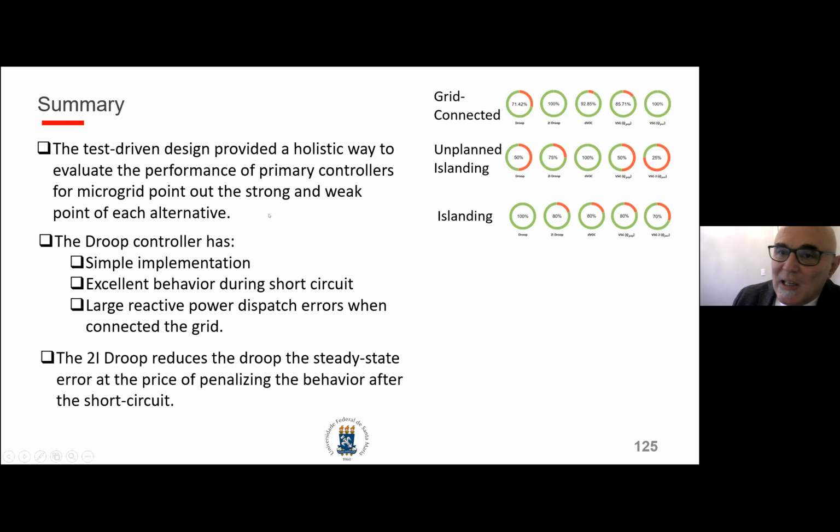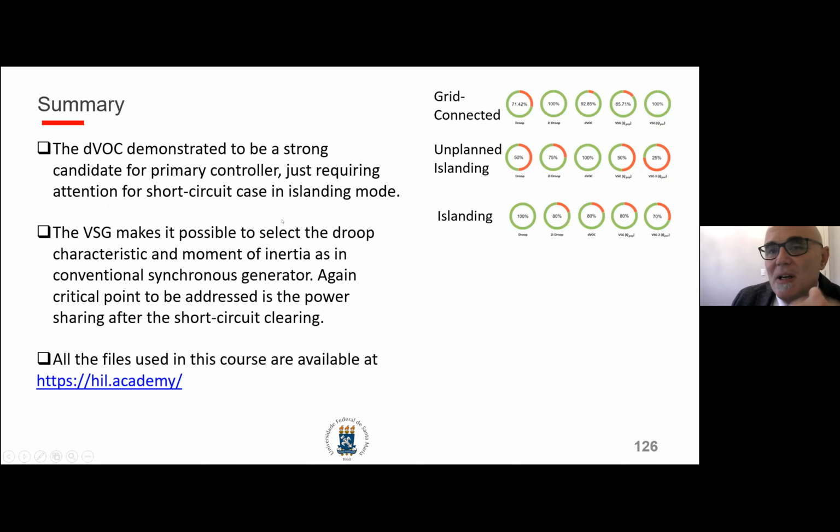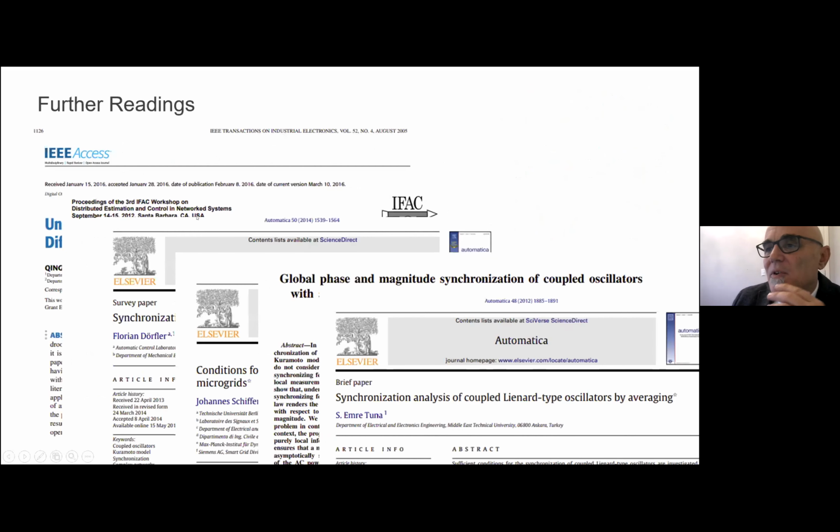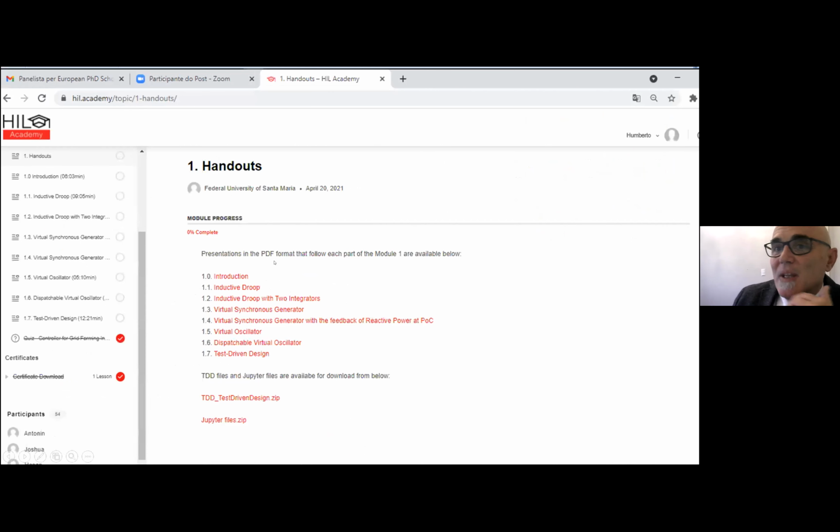Basically, what I would like to say is that in this work we did not derive this controller; of course, it was already published in the literature. There is a lot of information available in the literature. The material that you have seen is available now free of charge on the Hill Academy site. There are the slides, this video, and also the files that we have used to run these simulations.